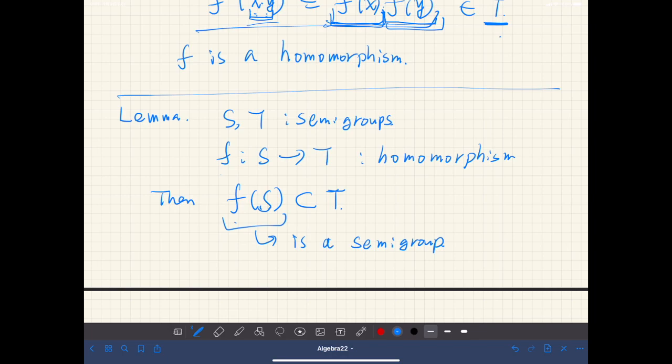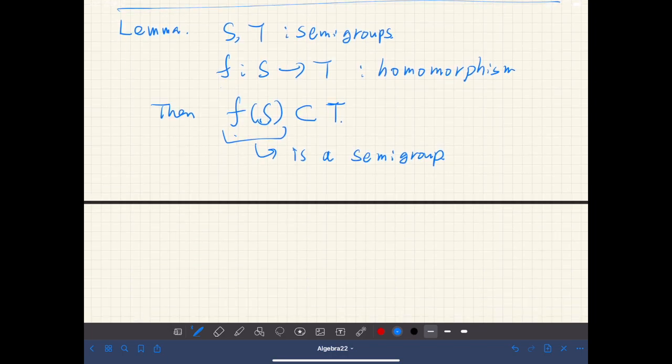What this really means is that it is a semigroup that is a subset of T, which is a semigroup. So we should call it a sub-semigroup of T. What is preserved is not only the multiplication, but also the structure as a semigroup as a whole.